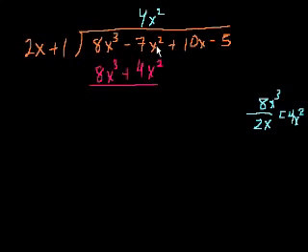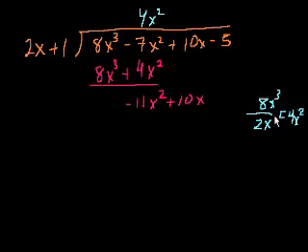So minus 7x squared minus 4x squared is minus 11x squared, and 8x to the third minus 8x to the third is 0, so we can ignore that. If we want, we can bring down the rest of the number, just like we do in traditional long division.